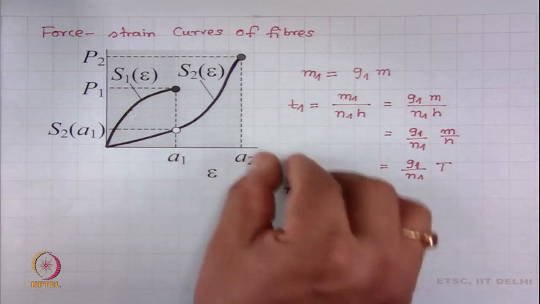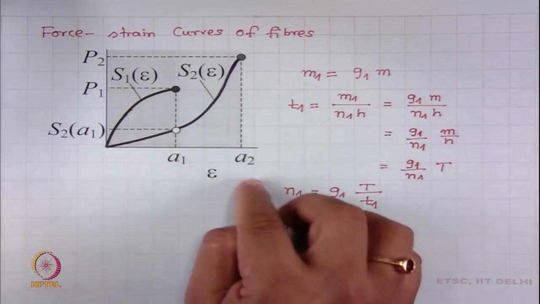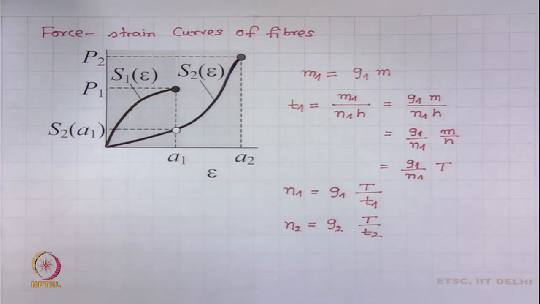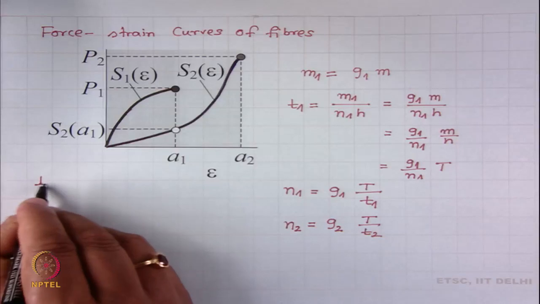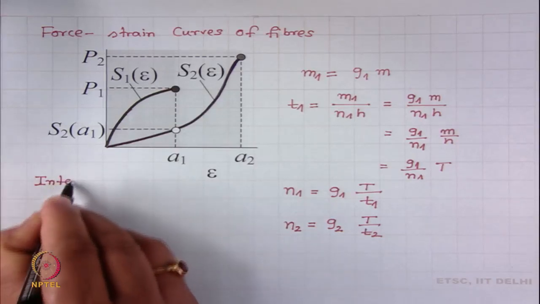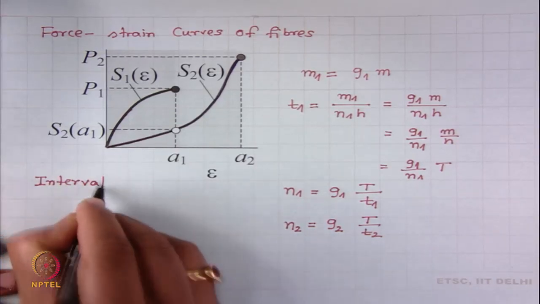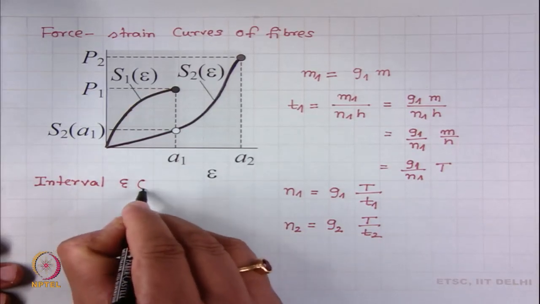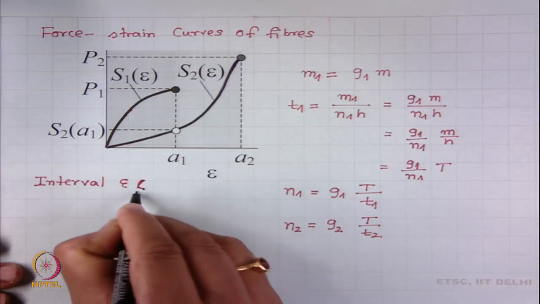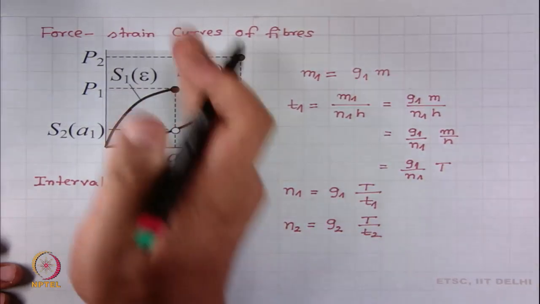The third region we consider is when the elongation is greater than A2. So, these 3 situations we would like to analyze. First is this interval, epsilon less than or equal to A1.